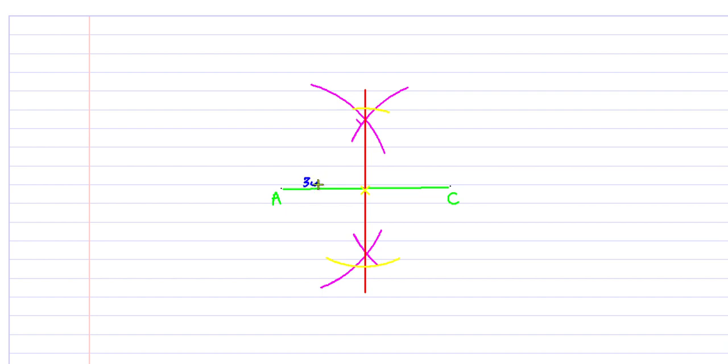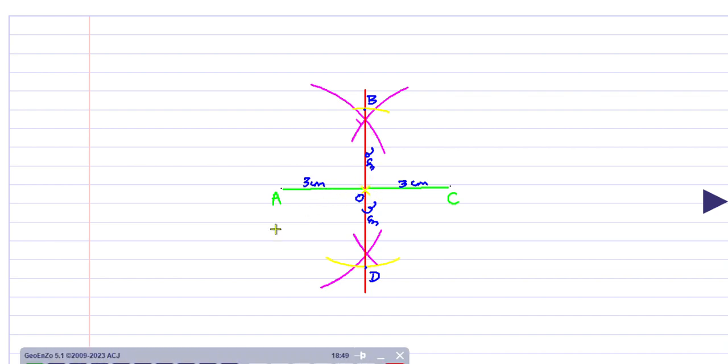If the midpoint is named O, this part is 3, similarly this is 3, and so is this. The point where the yellow arc meets the red segment can be called vertex B of the square, and this becomes D. So ABCD becomes your square with diagonals AC and BD equal to 6 centimeters each, meeting at midpoints and making 90 degrees.